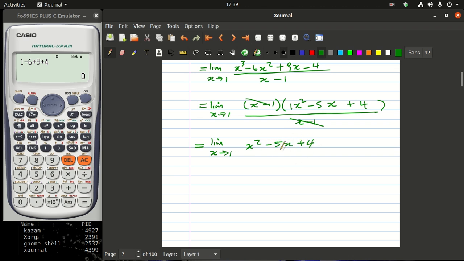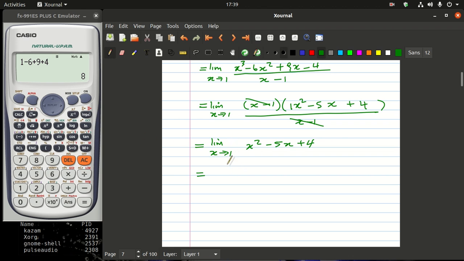And if you look carefully into this value here, x is closer to 1. Like it can be 1.000000000000000001. But when I'm plugging it here, the calculator cannot deal with that value. So it's going to round it off as 1.